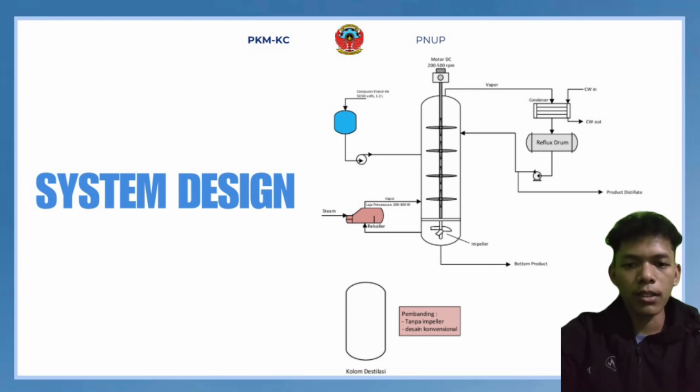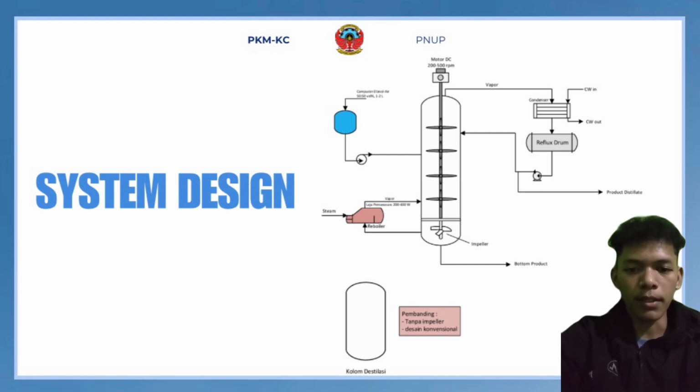This steam rises through the column, while the impeller, driven by a DC motor at a speed of 200 to 500 RPM, creates turbulence so that the contact between the steam and the liquid becomes more intensive. This increase in contact helps to improve separation efficiency.